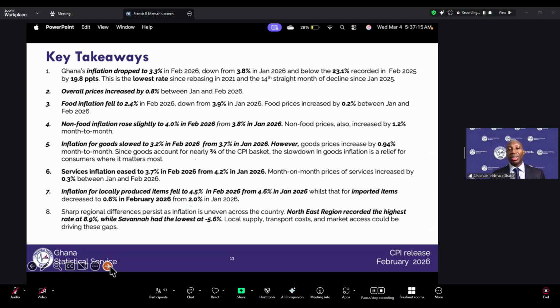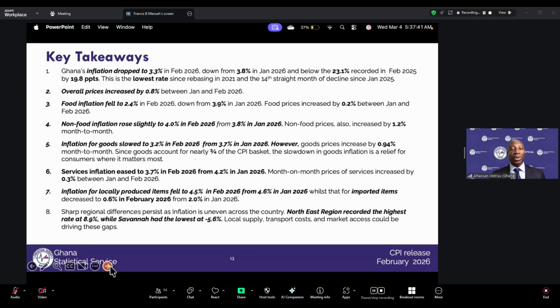Three, goods inflation has slowed to 3.2% from 3.7% in January 2026 and 22.6% a year earlier. Four, imported inflation has fallen sharply to 0.6% from 2% in January 2026 and 18.5% a year earlier.